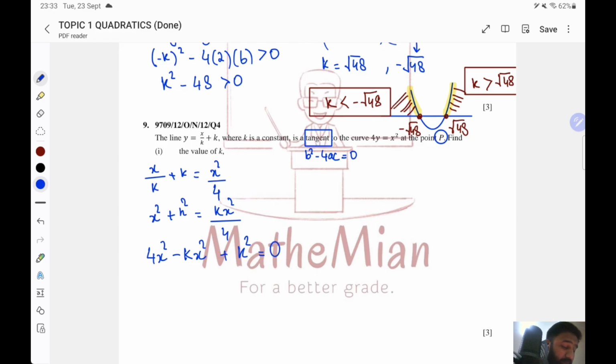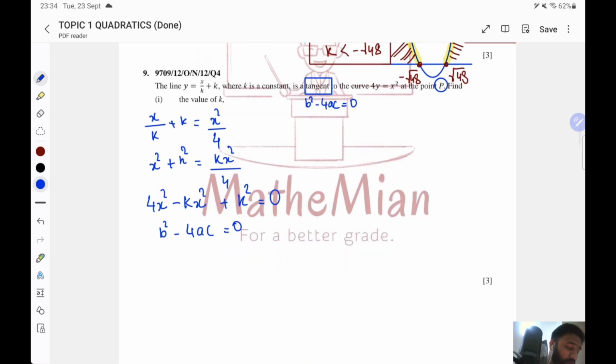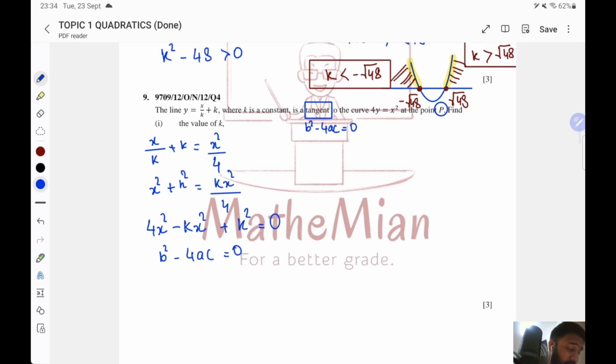Now if we further simplify, we know that b square minus 4ac has to be equal to 0, because the line and the curve are tangent to each other. If the line and the curve are tangent to each other, the discriminant will be 0. Let me refix it.